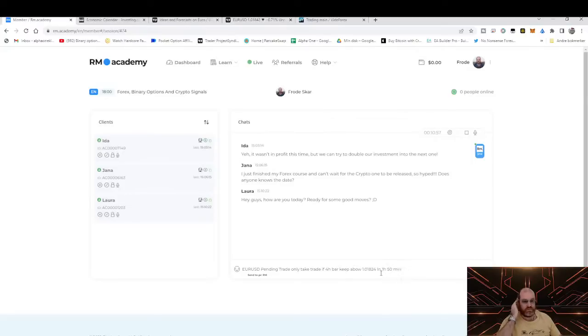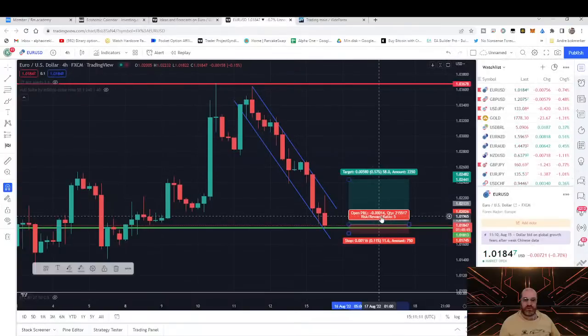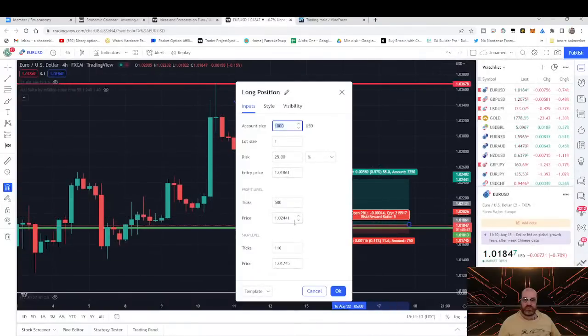So if the bar can keep above there in 1 hour 50 minutes, then enter at this level here. Then you set up a pending trade there. If it's a little above, you can still take it.